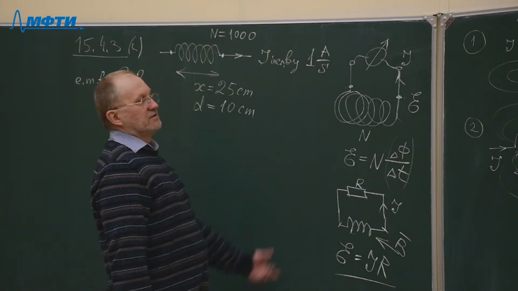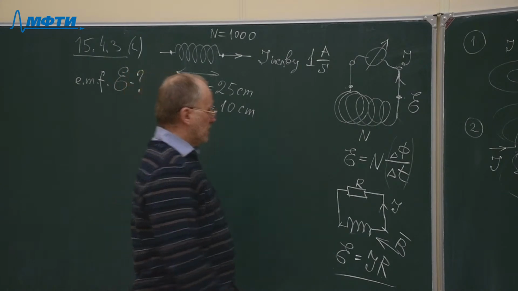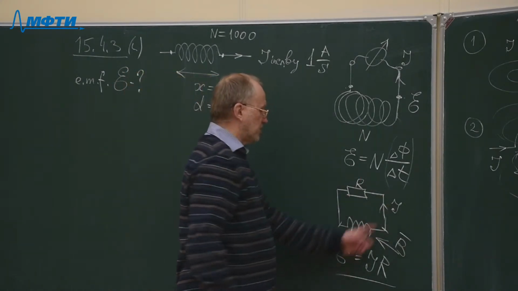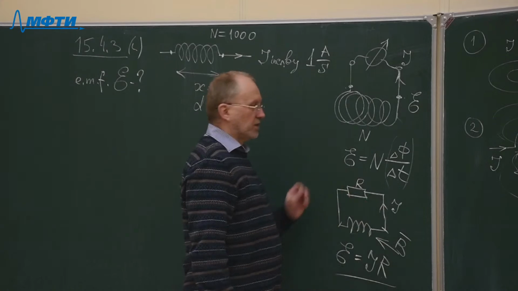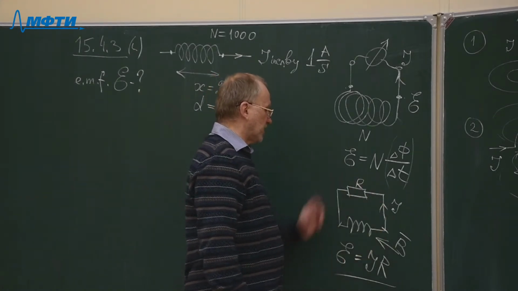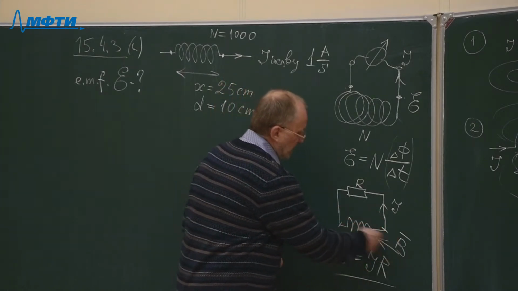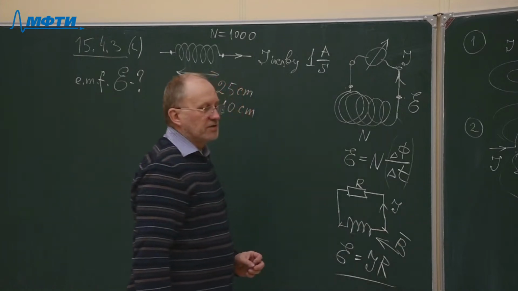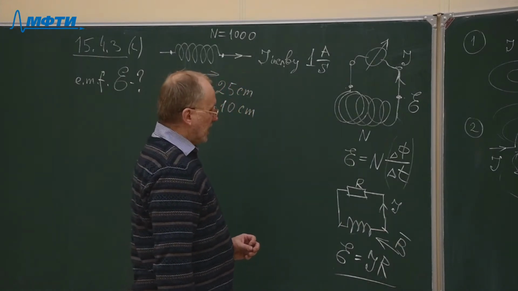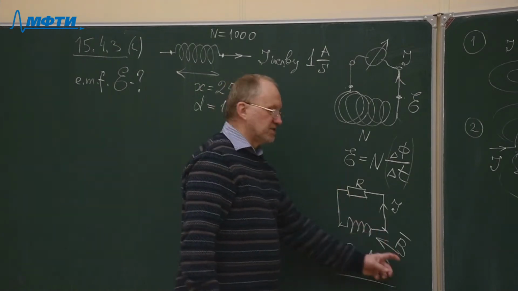But the reverse phenomenon is also observable. If you change the strength of the current in this circuit by any means, then the current will create a magnetic field in this solenoid, and the magnetic field will change its strength, its induction.